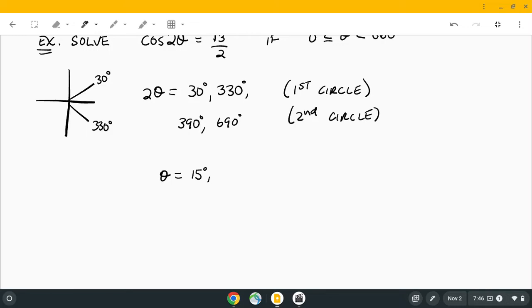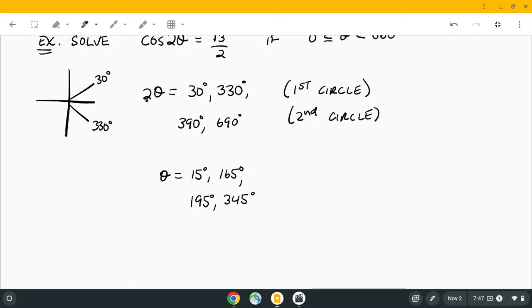Okay, so 165. And if I do 390 divided by 2, then I get 195. And if I do 690 divided by 2, I get 345.